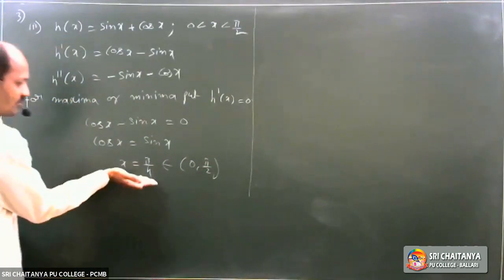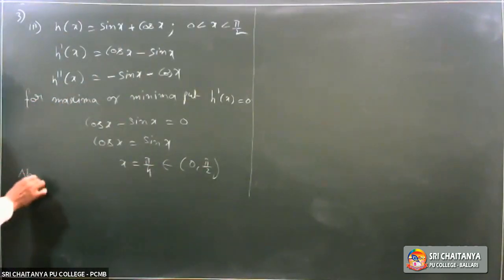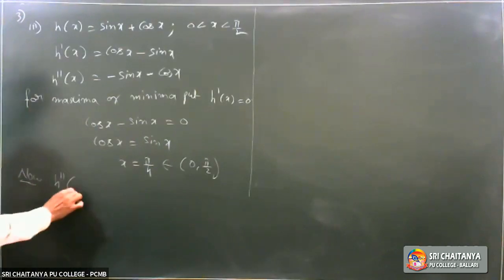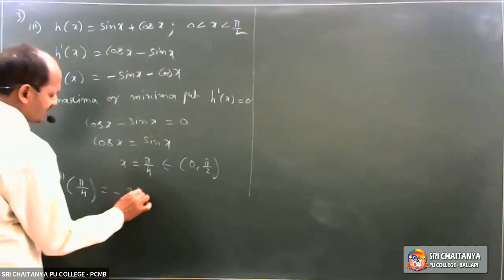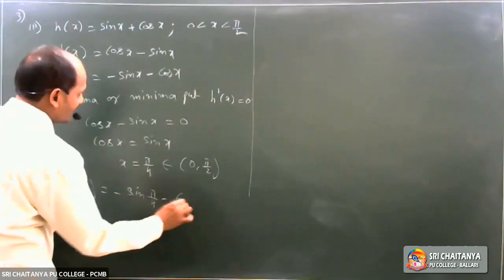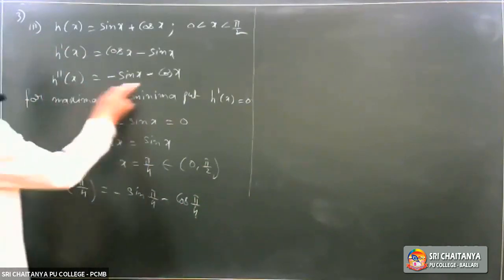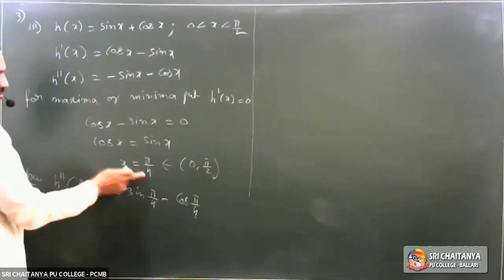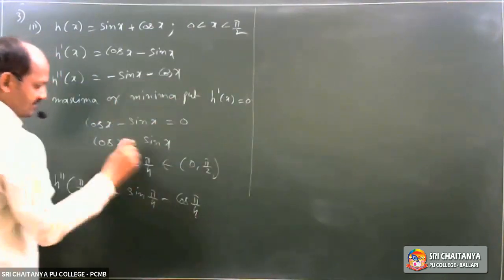Now this x equal to pi by 4, substitute in the second order derivative. Now h double dash of pi by 4. So that is minus sin pi by 4 minus cos pi by 4. H double dash, the second order derivative at x is equal to pi by 4, is minus sin pi by 4 minus cos pi by 4.